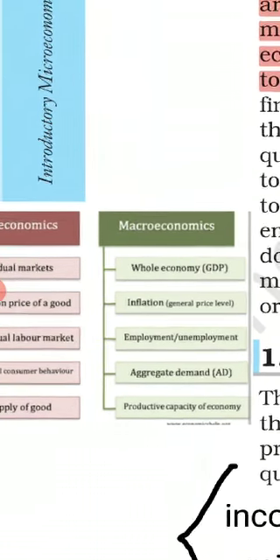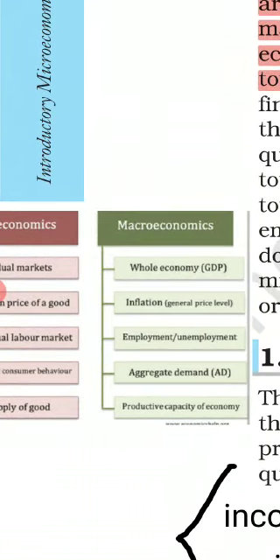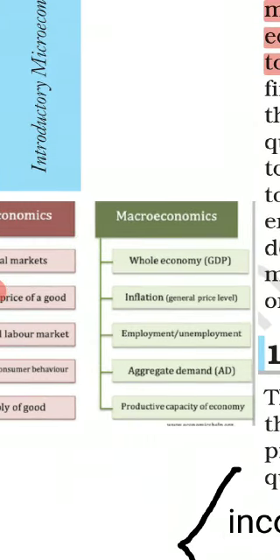But in macroeconomics, we study the economy as a whole, like GDP, that is gross domestic product, the value of final goods and services produced in the country during a year. The next is inflation, an increase in the price level, which we study for the economy as a whole. Then employment and unemployment.